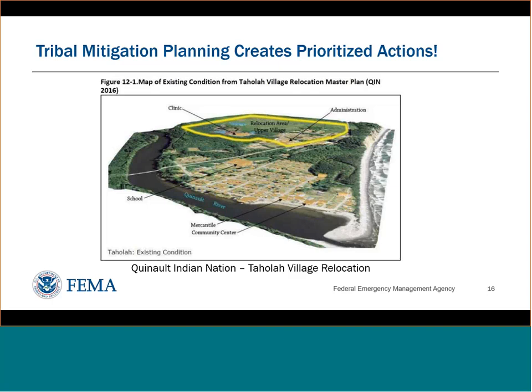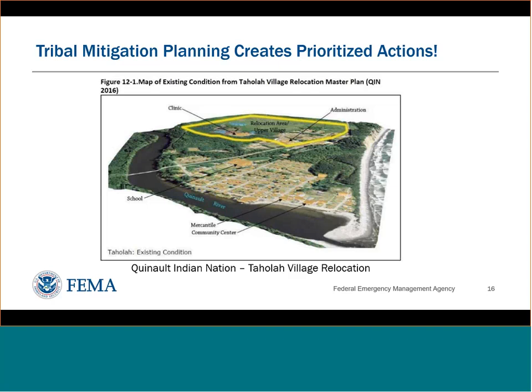And you can see from the example provided here that there are still a few community assets, such as the school, mercantile, and community center, that still appear to be at risk from things like flooding, coastal erosion potentially. And so going through the planning process will help this community really understand which buildings they may need to prioritize moving first, based on the information they gathered through community input, detailed risk assessments, and the potential costs versus benefits.